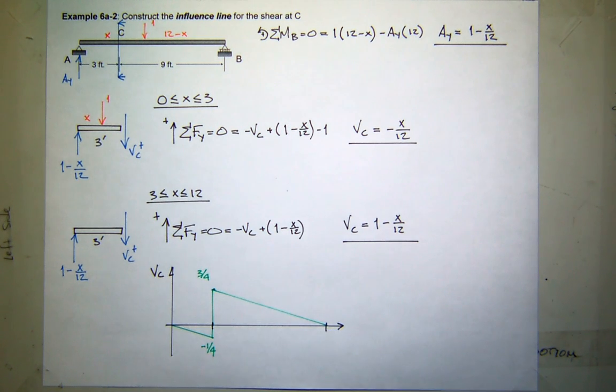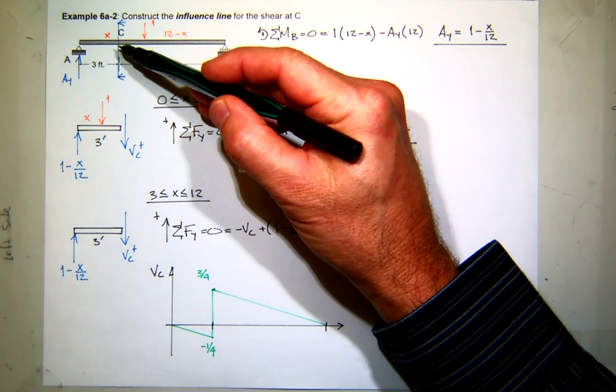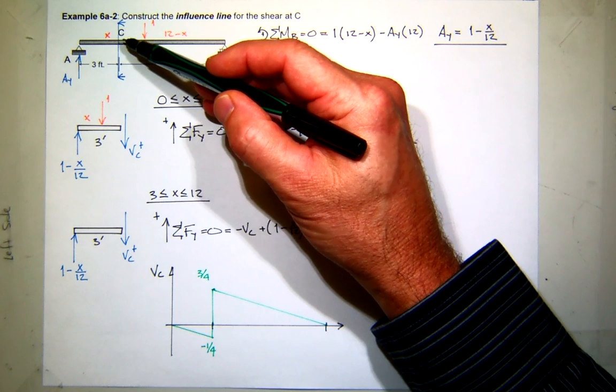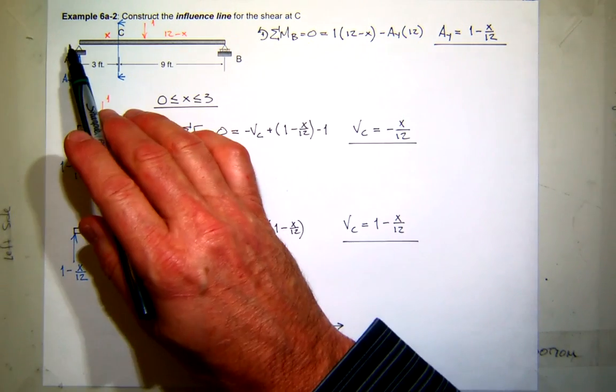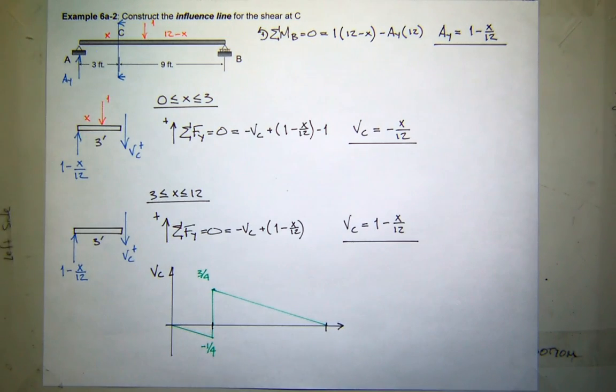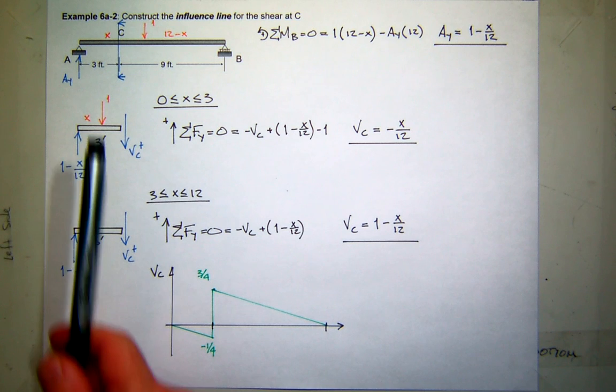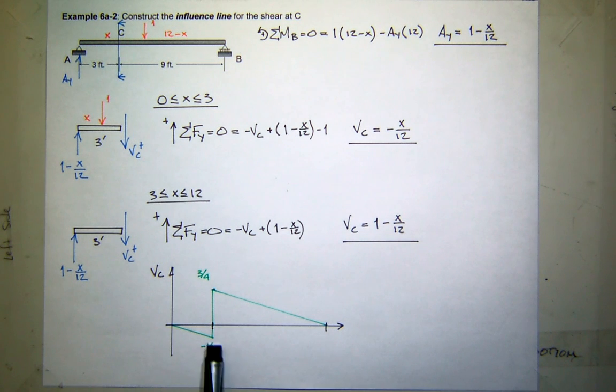So imagine instead that C is some kind of connection between two beams. And it's not me walking across there, it's me, but I am a wheel on a large truck, and I weigh more than 200 pounds. As I come onto my structure, you can see as I approach the splice, the shear is in one direction at 1/4 of my weight.